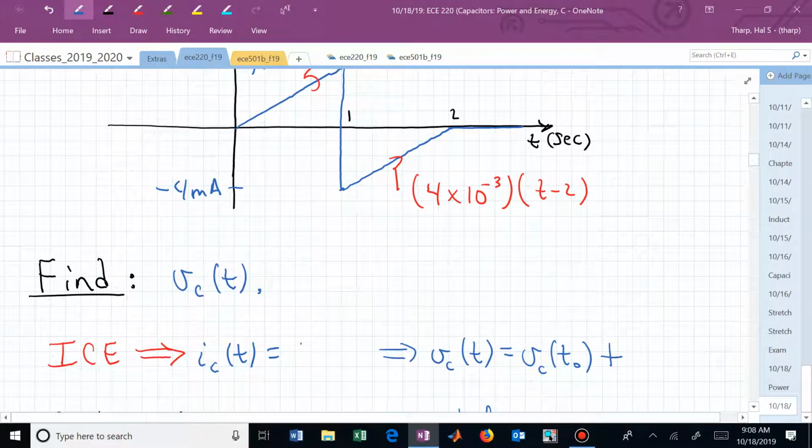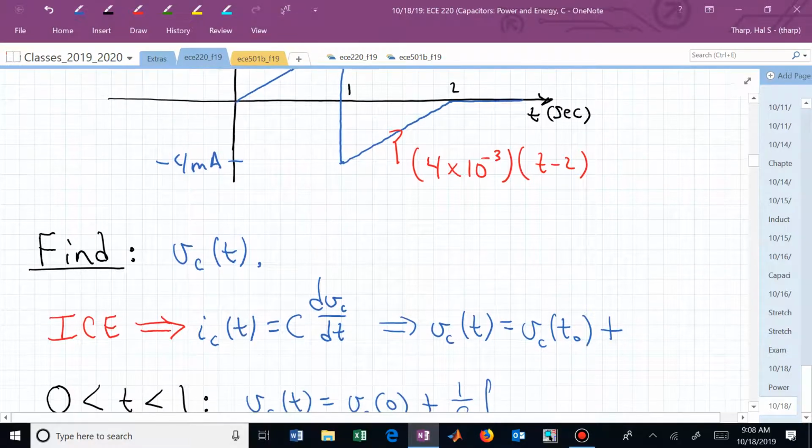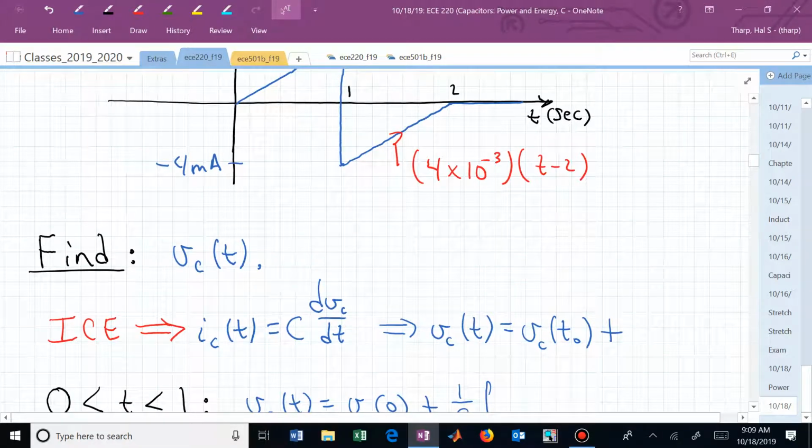ICE tells us that we now have C dV sub C dt. That's what current is, but now we're given current, so we actually need to find voltage from current. And we can do that by breaking that up into 2 pieces, the initial voltage and then our second component dealing with the current from the initial time up to now.